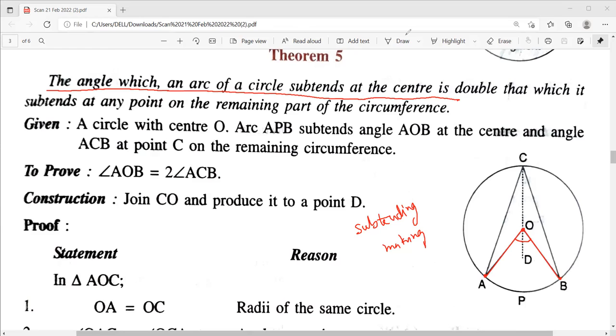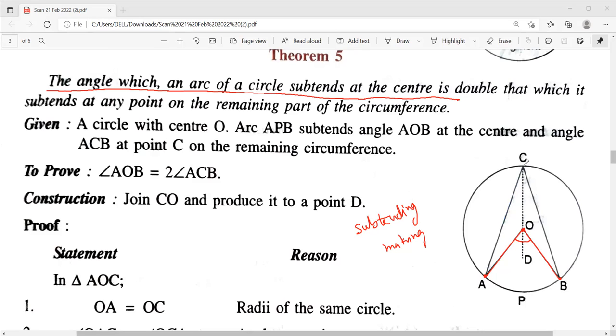Now you go for another angle, that is the angle subtended by AB at any point on the remaining part of the circumference. So you choose any point on the circumference.